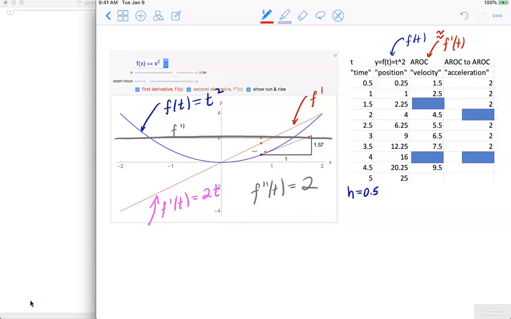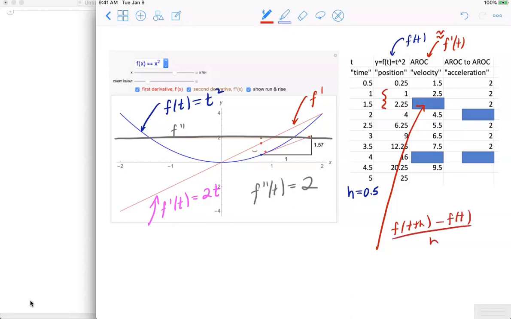If we wanted to fill in this blank, we would need to do some mathematics. Since this is the average rate of change column, also called the average velocity, the value here in the blank, because it's in the first column to the right of the position function, is f of t plus h minus f of t divided by h.